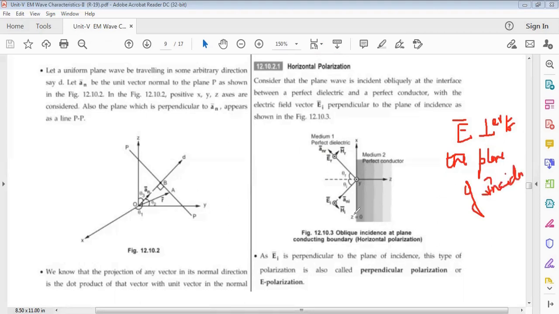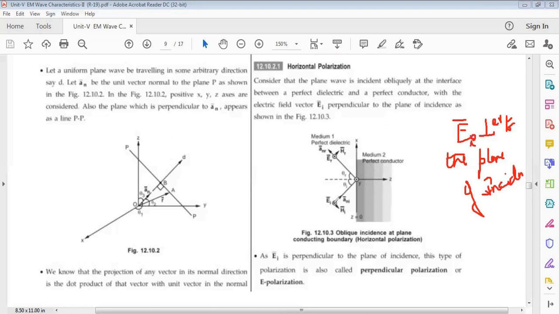Let us take the incident field as EI bar. The electric field vector is perpendicular to the plane of incidence, or otherwise we can also say that the electric field vector is aligned parallel to the boundary of the surface. This is an incident beam.